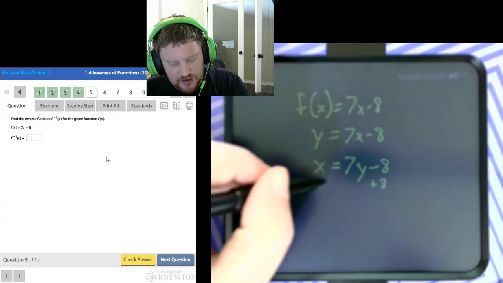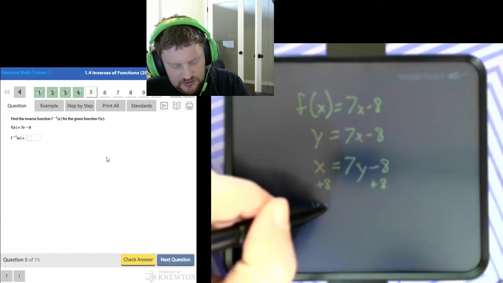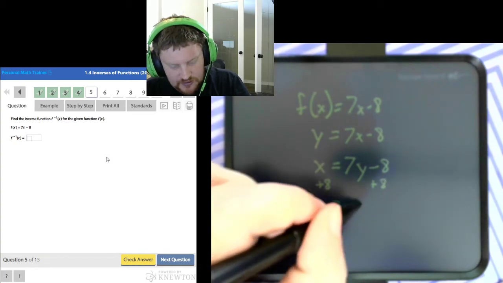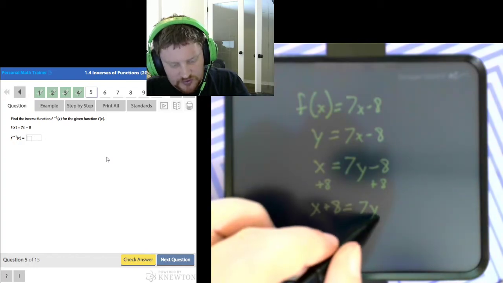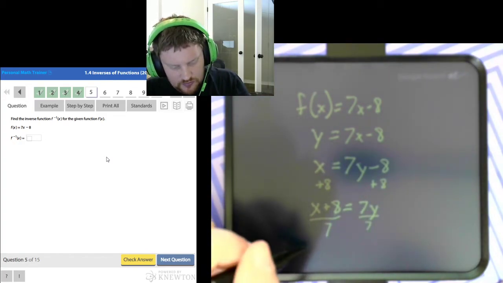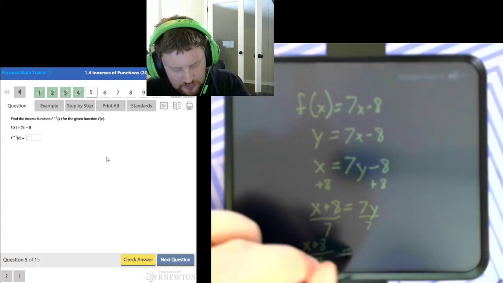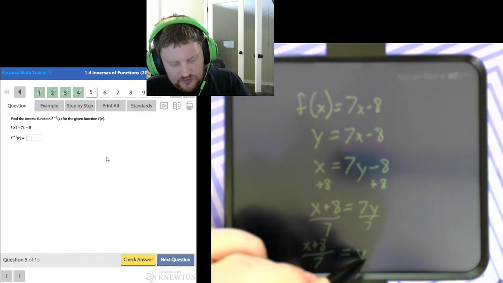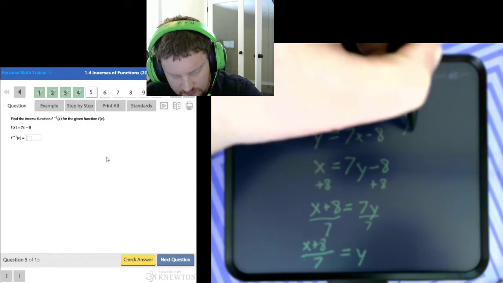Using PEMDAS backwards, we know that this subtraction has to come over here as addition. X plus 8 equals 7y. We know that we have multiplication, opposite is division. So, x plus 8 over 7 equals y. Final step is to just change y to f inverse.